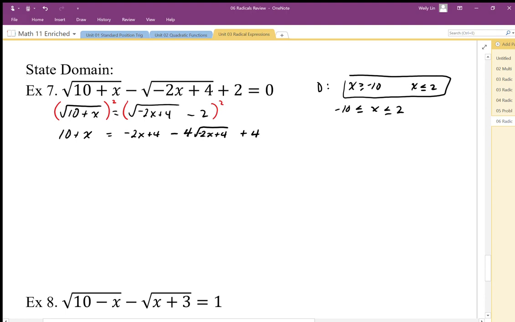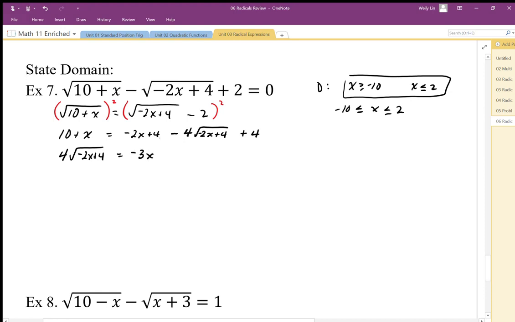Then I'll move this term to the other side, so I end up with 4 square root of -2x plus 4. I'll move this to this side, so I'm going to subtract an x, so I get -3x.